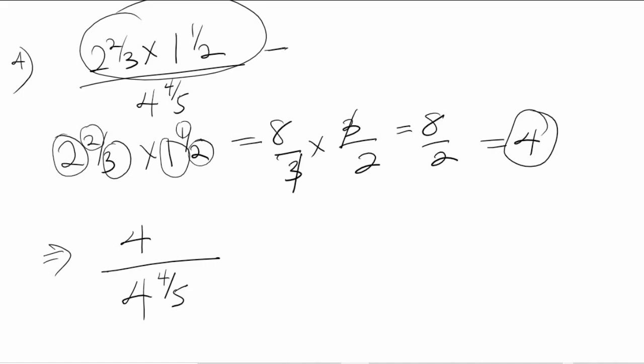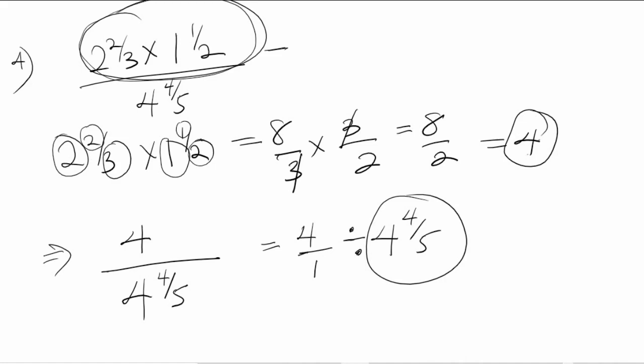Remember, we first solved the numerator and we got 4. So when we insert this 4 into this equation, it becomes 4 divided by 4 over 5, which is 4 over 1 divided by 4 over 5.